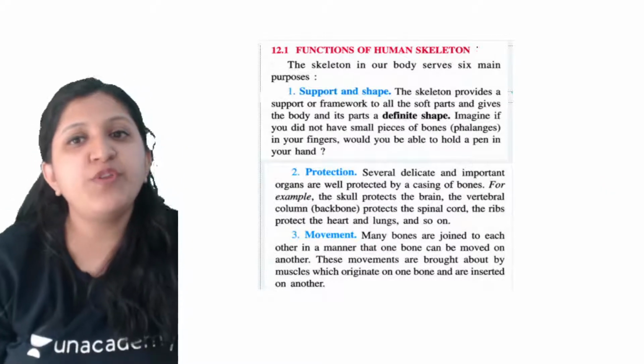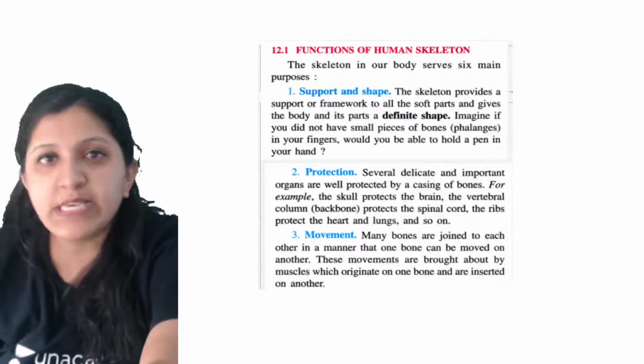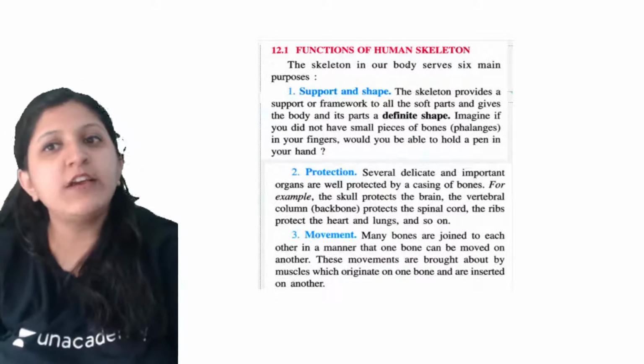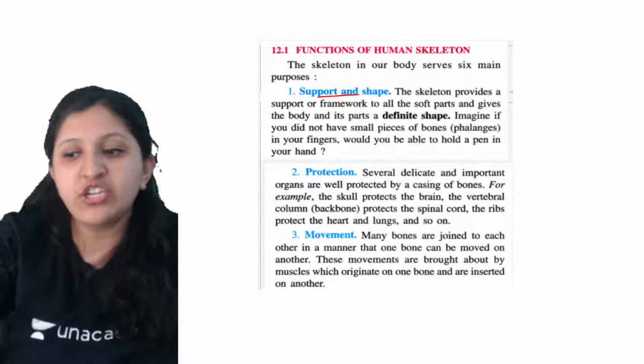Functions of the human skeleton: mainly three functions are mentioned, and we will see each one of these in detail now. The skeleton in our body provides support and shape.